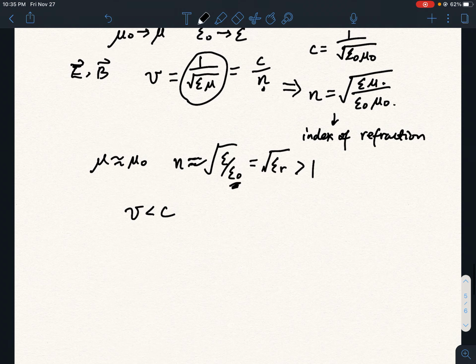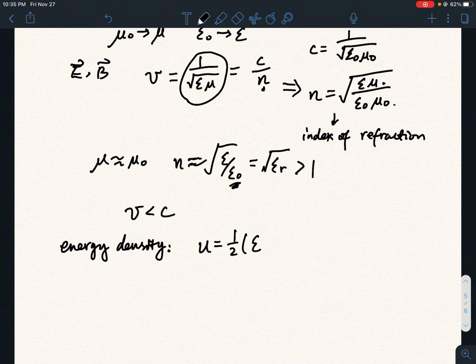From here we can also derive the energy density, like what we derived before. It's exactly the same equation. The only thing is that previously we had epsilon 0 E squared, and now it's just epsilon E squared. And here it is 1 over mu B squared instead of 1 over mu 0 B squared.